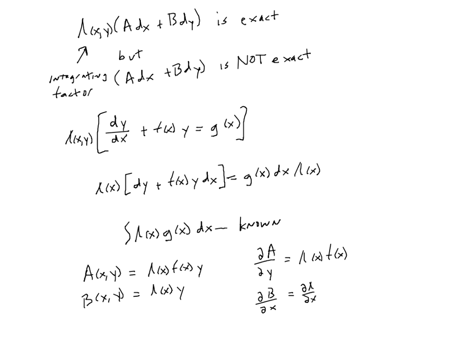Oh, sorry, there's no y here for the B term. Sorry, I got a little overzealous there. That was a dy, so I don't have that. So if these two are equal, then we see that the derivative of lambda with respect to x is equal to lambda of x f of x.